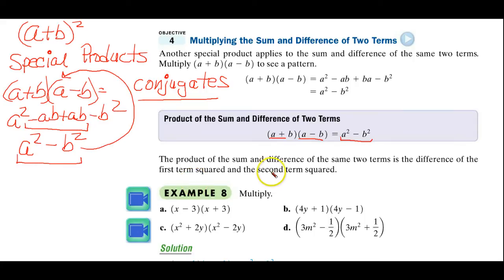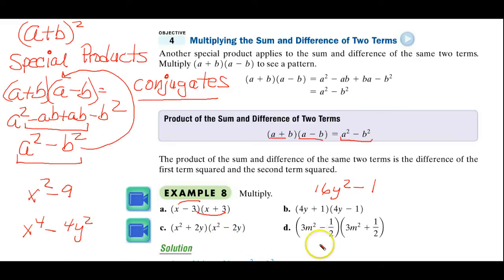So let's do these. Remember, there's no middle term, so we're just multiplying the first and the last. So this will be x squared minus 9. This one will be 16y squared minus 1. This will be x to the fourth minus 4y squared.